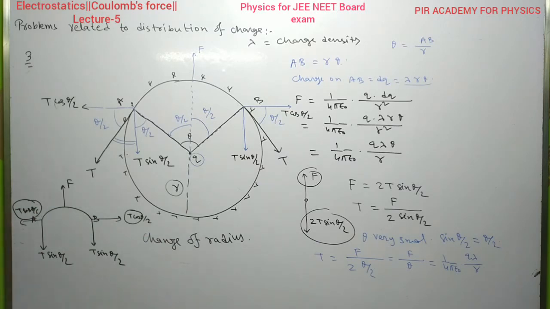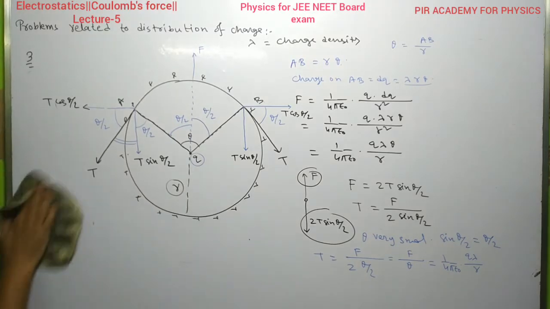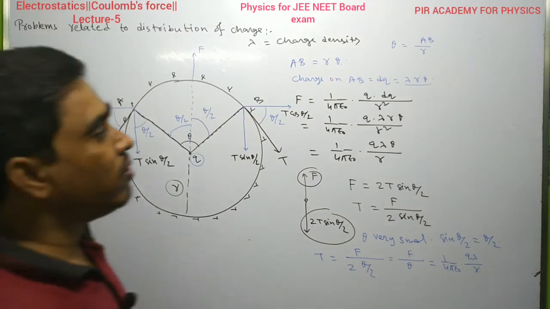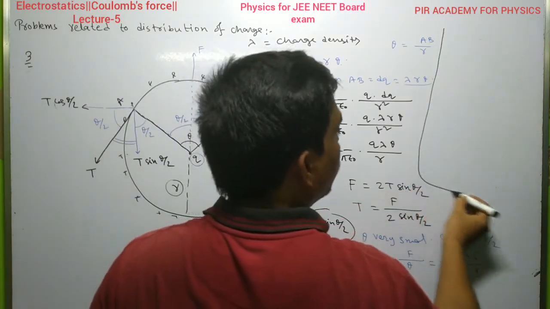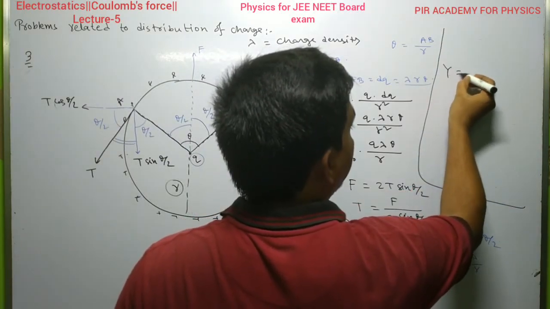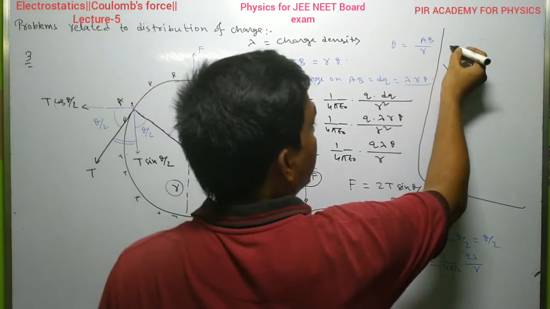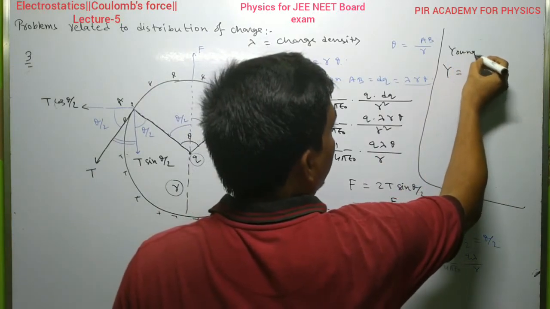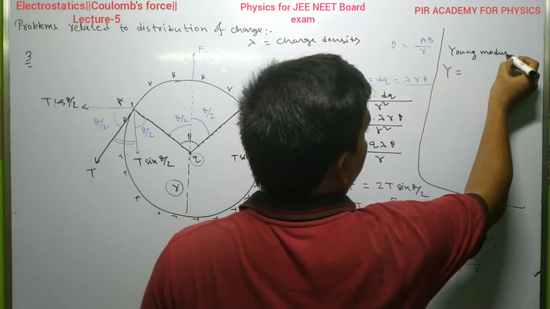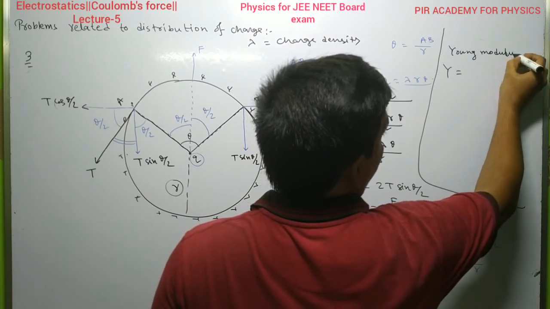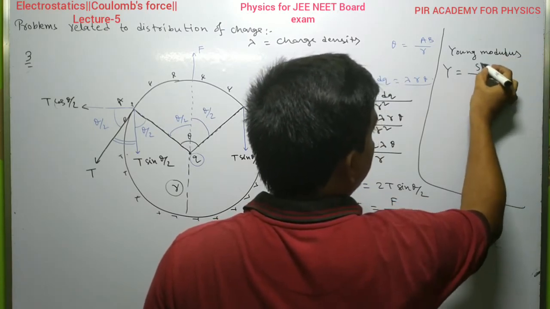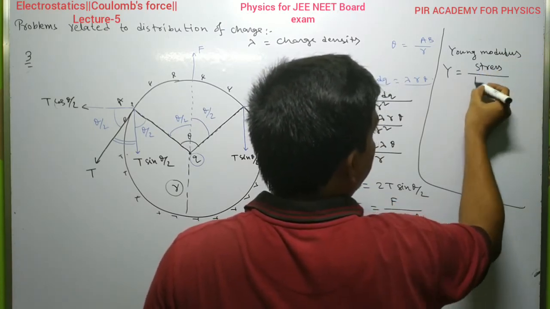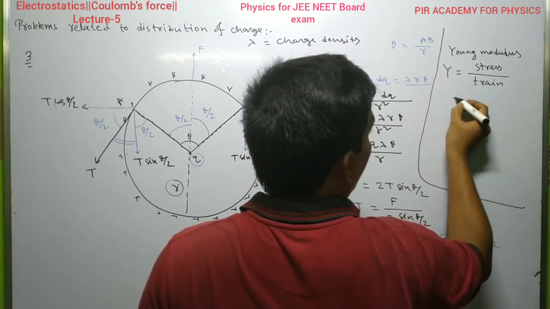This is the tension. Now you have to find out the change in radius. So what is the Young modulus? Here the Young modulus is Y, the ratio of stress to strain. What is the stress?